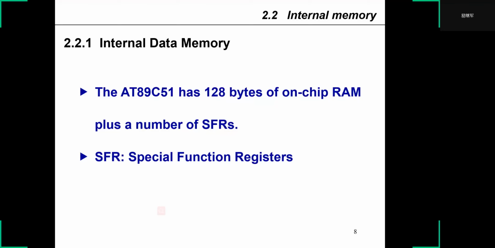Next, I introduce the memory. The 8051 has 128 bytes of on-chip RAM, plus a number of SFRs.